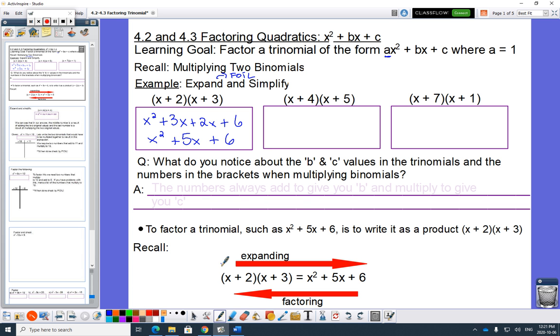So the next one, keep going. x times x, x squared, x times 5, 5x, 4 times x, 4x, 4 times 5 is 20, and collect.